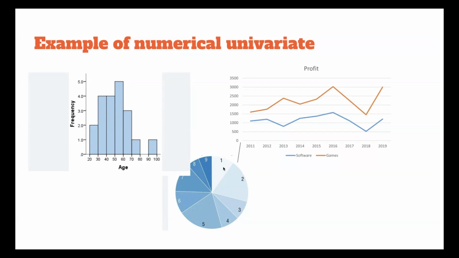What you are going to have here is just going to be 20, 21, 22, 23, all the way to 100, and this pie chart is going to look very messy. So try to ensure that you are not running a pie chart for numerical data. It doesn't work. It's a violation.